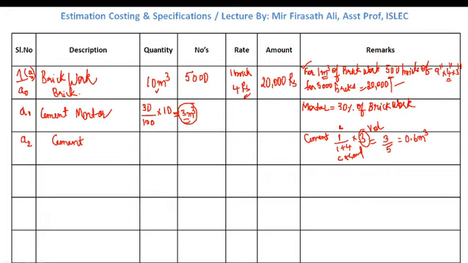If we convert this 0.6 meter cube into kg, we multiply 0.6 by the density of cement, 1440, and we get 864 kg.